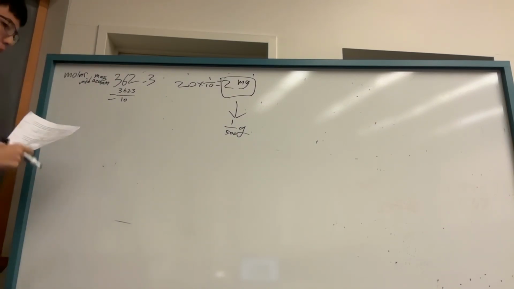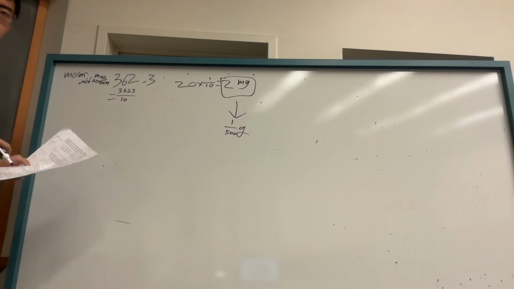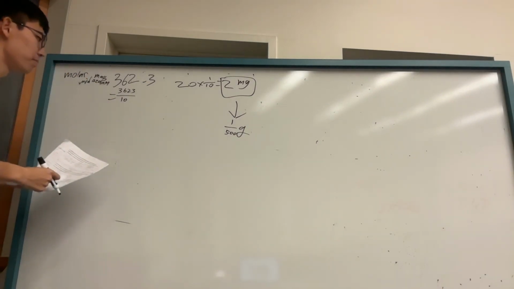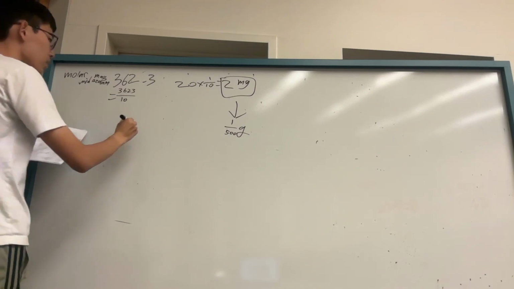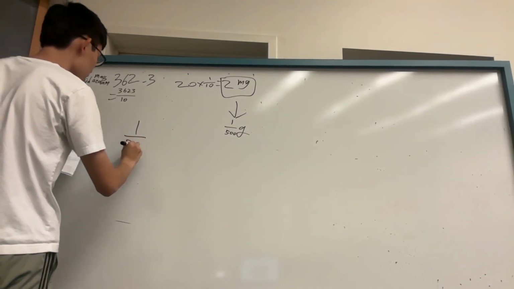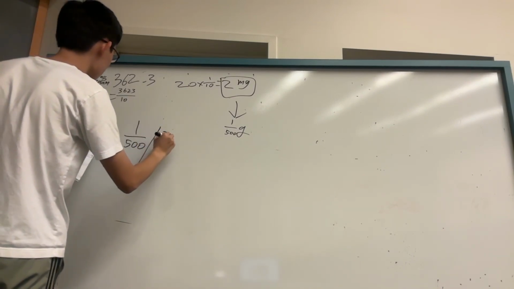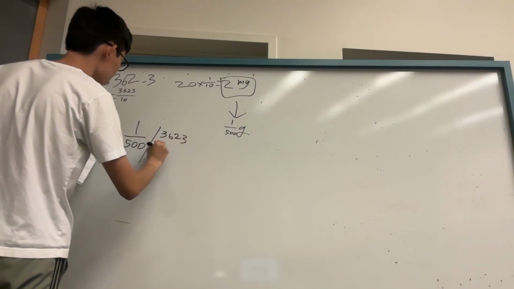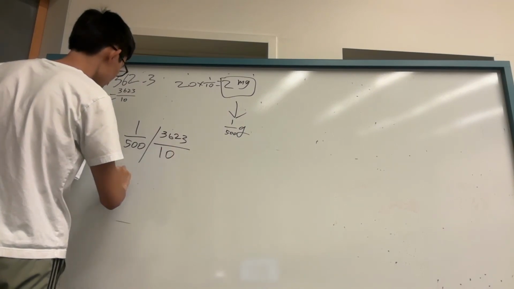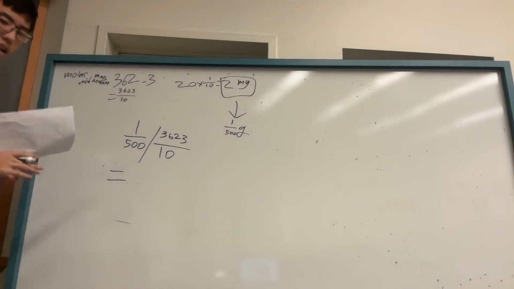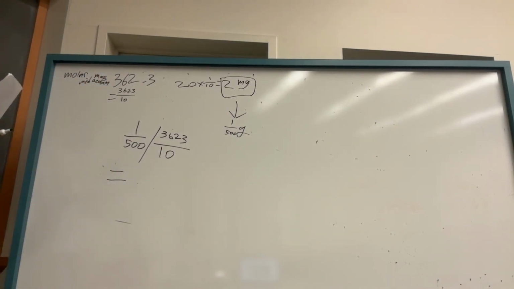And to calculate the moles they're giving to the child, you know the drill by now. We do this divided by the molar mass. And this should be very easy for you, because dividing by a number is the same as multiplying by its reciprocal.